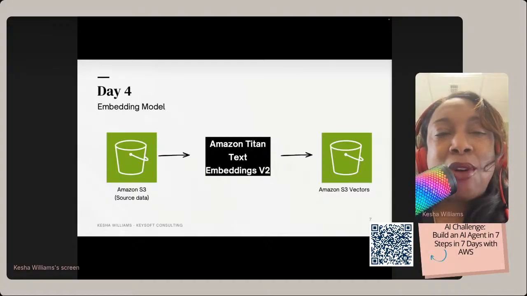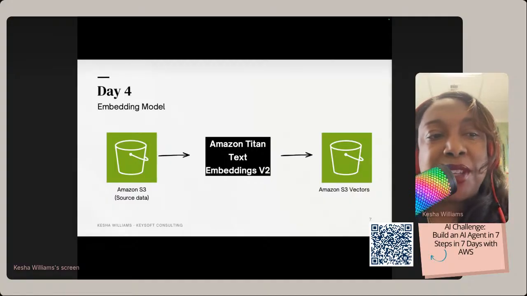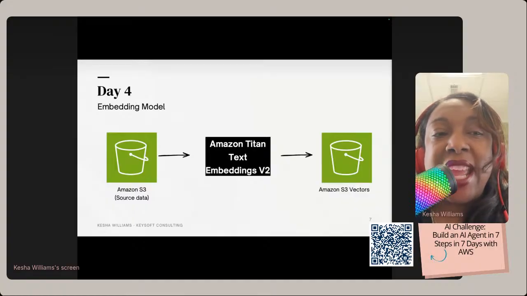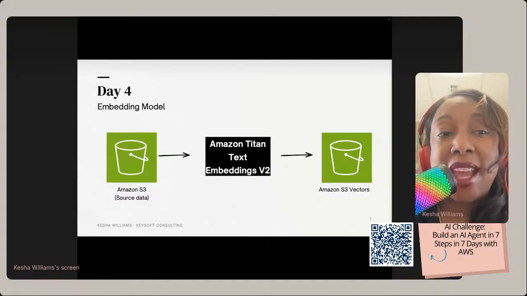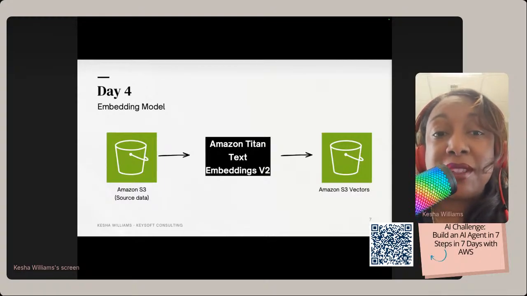Day 4, just a peek behind the scenes, and this is what I mentioned earlier about embeddings and vector data stores. Essentially, we upload the 3 files into an S3 bucket. That's the source data. Then we use Amazon Titan Text Embeddings version 2 to take that data and create vectors for semantic similarity search.